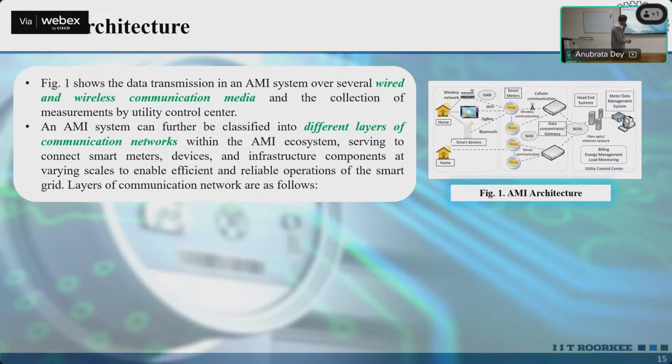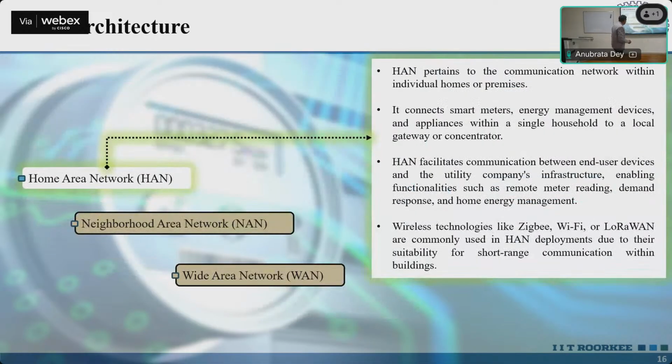Now, as I told you, if you look at the house area network in your home, there are certain features. This is the communication required for the house. It is a low bandwidth communication because you have a limited number of smart devices in your house. You can use Zigbee, Wi-Fi, or some LoRaWAN type of network just for HAN.